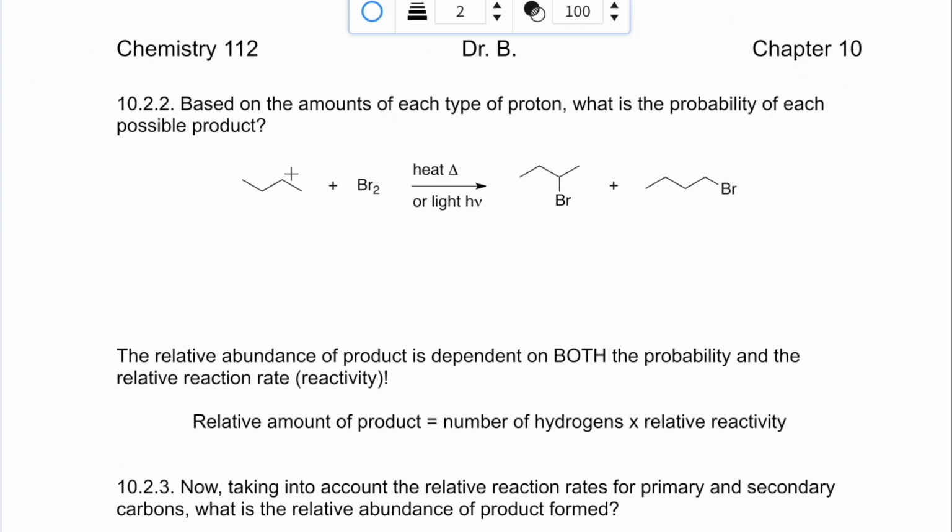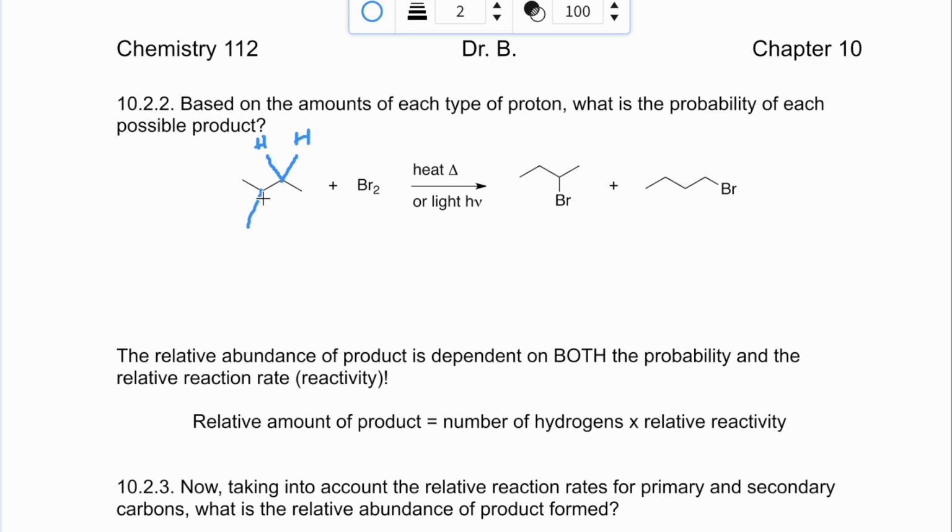Let's see, if all of these hydrogens reacted equally, if they were equally probable to react, what would be the mixture of these two types of product here? How many of the bromine would be on the one in from the end versus the ones that are going to be on the end? So in order to get this first product, you would have to react with one of these hydrogens that's on a secondary carbon.